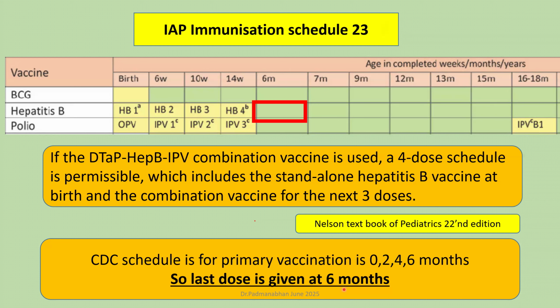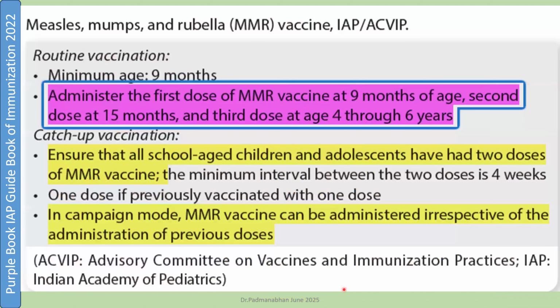Nowhere is it stated that you can give 5 doses of hepatitis B. But WHO says this schedule is okay because you will get infections from the surroundings. You are always exposed to hepatitis B according to them in developing countries. Remember this. Therefore, if you can push the dose to 6 months and give hepatitis B when you form the schedule, it will be very good in your private immunization.